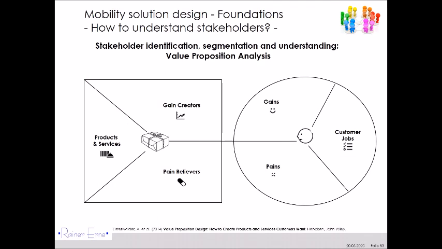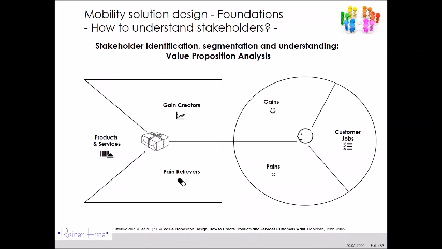Another method is a value proposition analysis. And what you do here is that you list the customer jobs. So what does a commuter have to do from leaving his or her home till coming back from work? You list the jobs and you try to find out, in doing these mobility jobs, what are the perceived gains of the commuter, what are the pains.